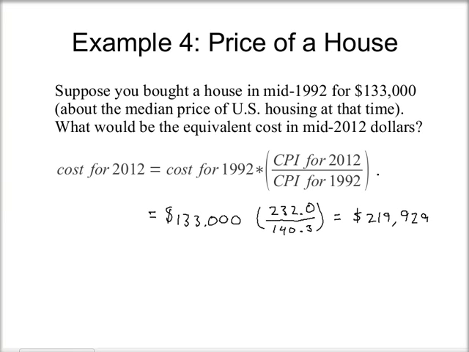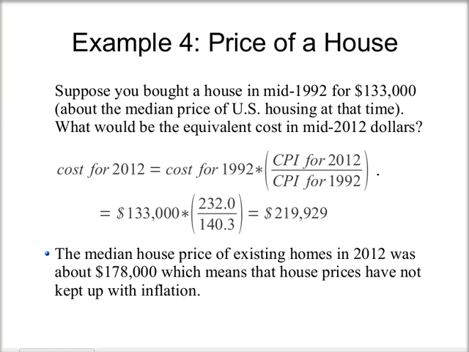So that is what I would expect if I was just looking at the CPI for those years and trying to figure out how prices have increased. In fact, the median house price of existing homes in 2012 was about $178,000, so a lot lower than we would have expected if we were using the CPI to guess. And this is because of course, the housing crisis, and the house prices have not kept up with inflation.